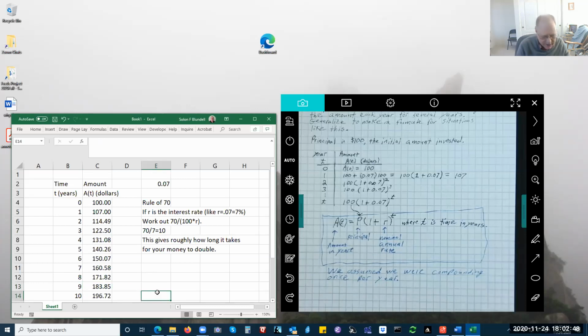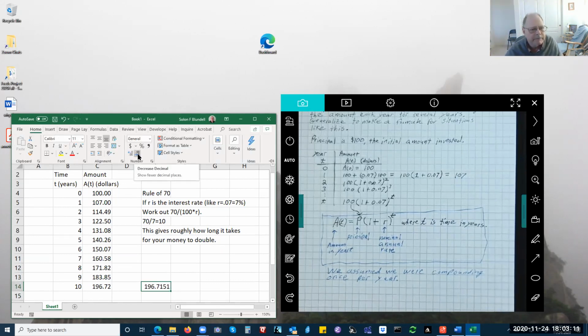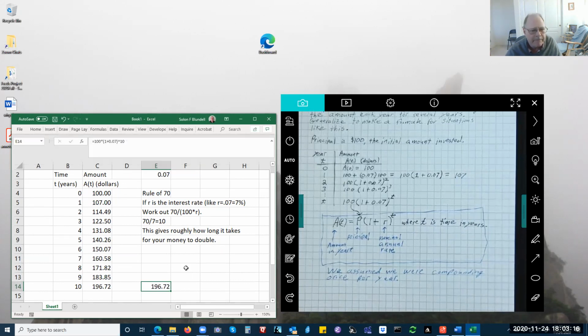But just as a check, if I took my $100 and I multiplied it times 1 plus my 0.07 to the 10th, I should get the same thing, and I do. Fix the rounding. Okay. So that pretty much does it for annual compounding.